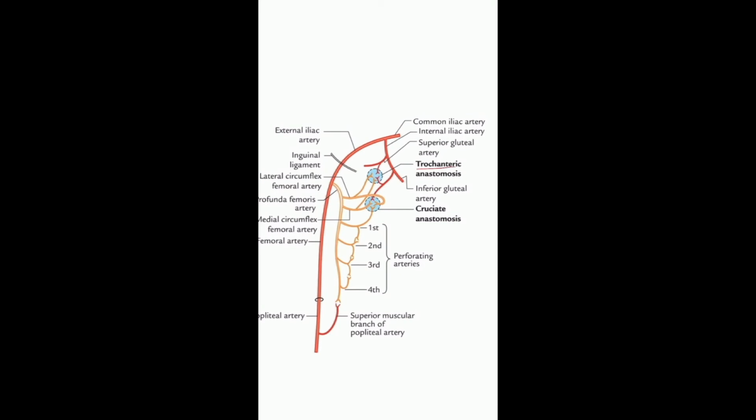Again, the trochanteric anastomosis, like I said, involves the superior gluteal, the inferior gluteal here, and then the two branches of the medial and lateral circumflex arteries. And then the cruciate here, involving the ascending branch of the first perforating artery, the descending branch from the inferior gluteal, which is this one, and then you also have branches from the medial and lateral circumflex arteries.